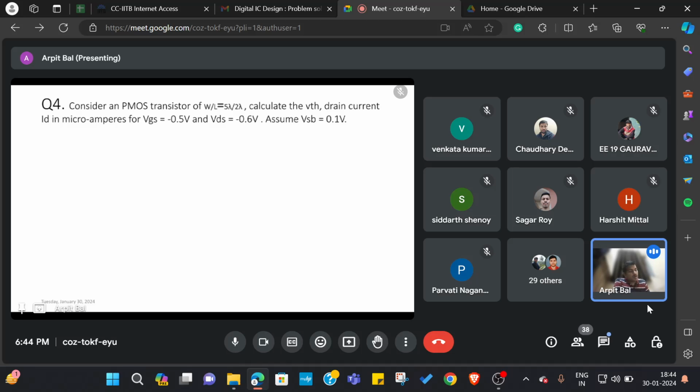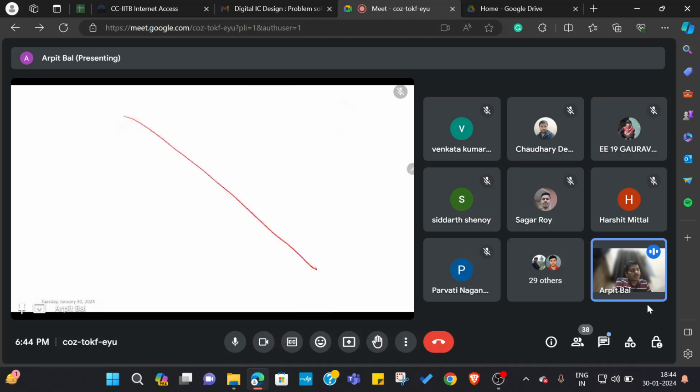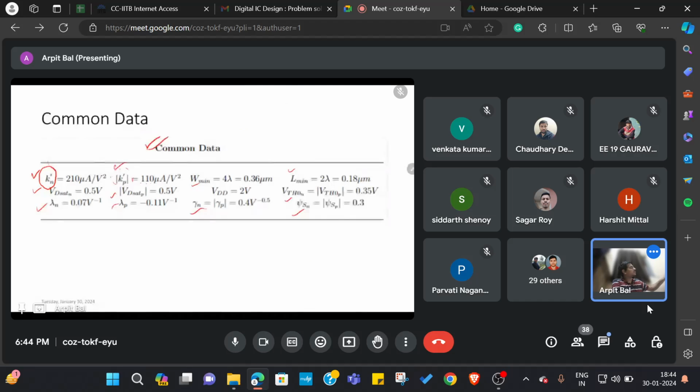Here in the common data, you see that Kp dash is given to us as 110 microamps per volt square, but there is a modulus sign before that.